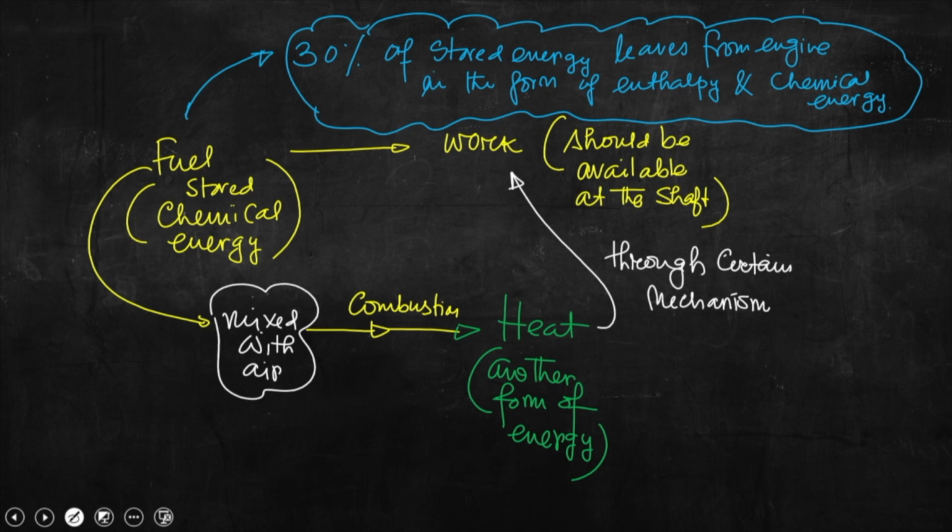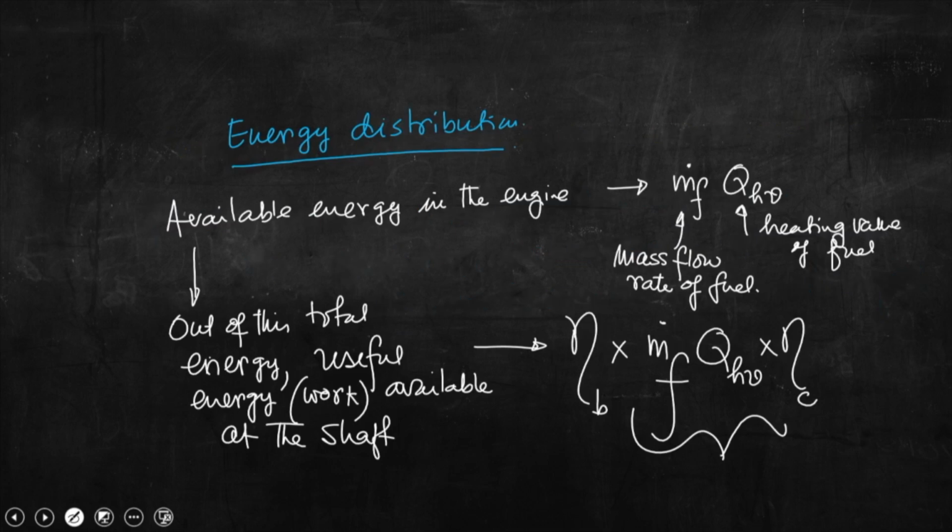So, this combustion efficiency will be there, and that is why you have multiplied with this combustion efficiency. Though we are supplying this much amount of energy, because of the combustion we will be getting this much amount of energy available inside the cylinder.